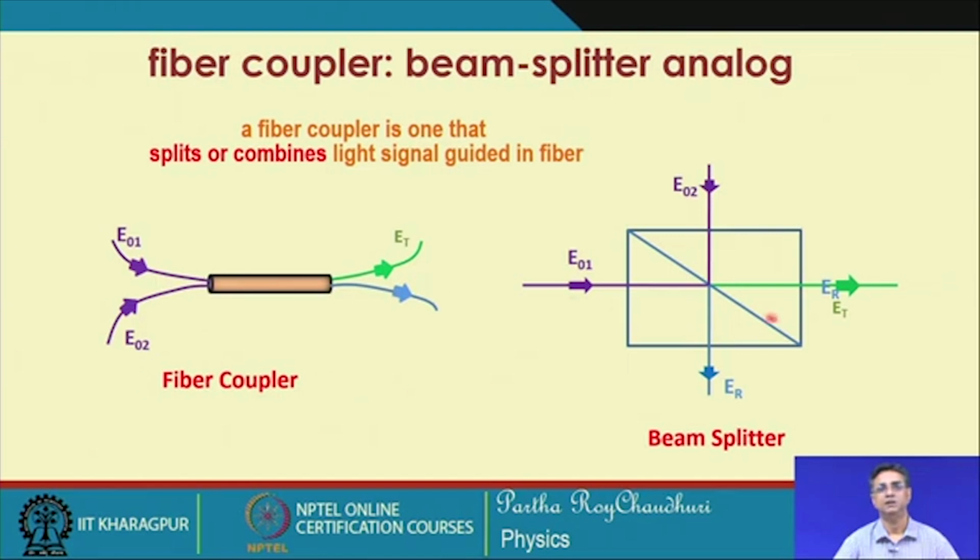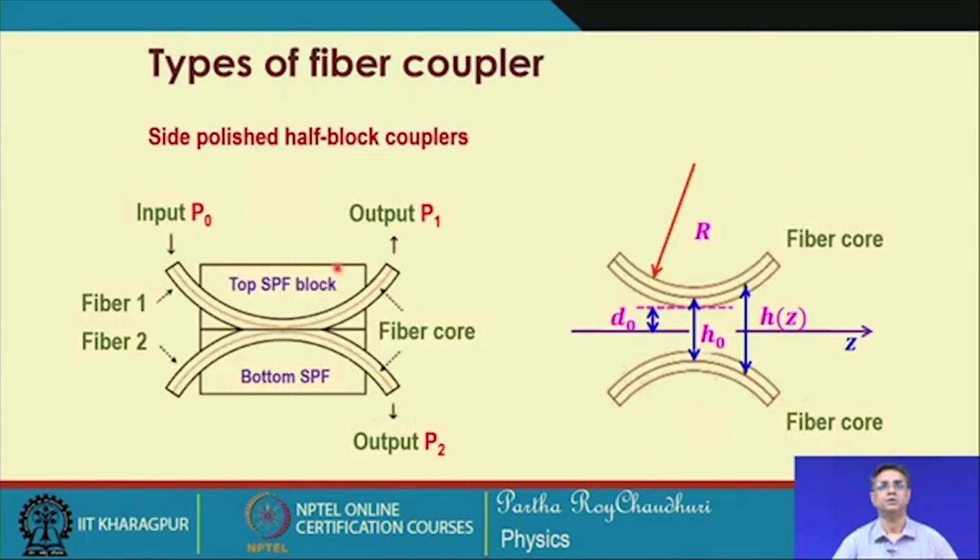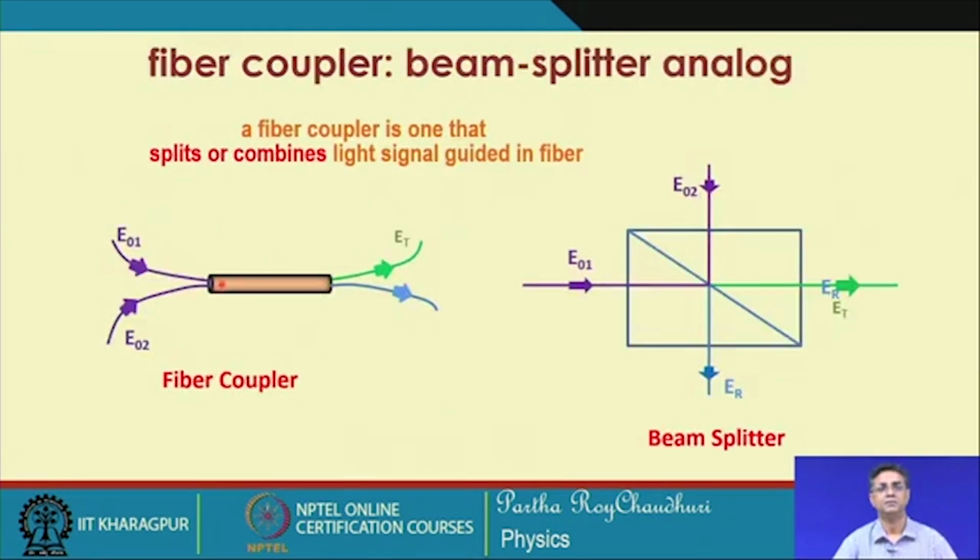So, we see a very close similarity to the principle of a beam splitter, but the advantage is that the light is guided in the form of a mode of an optical fiber, and it does not require any alignment; once you have coupled light, everything is automatically done.